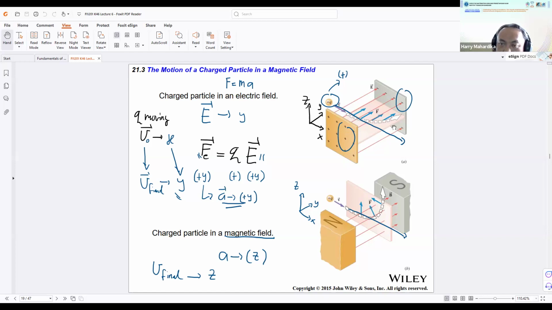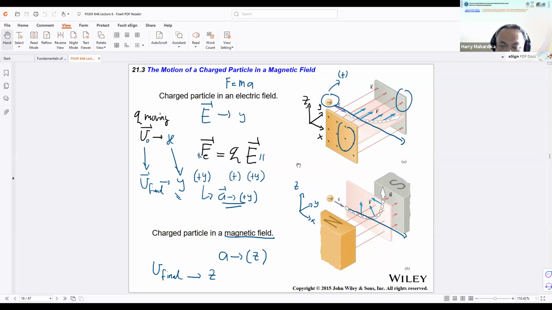whenever this particle moves inside this parallel plate, the motion will be in the same direction as E, because in the previous lecture, we saw that in the electrostatic case, the force acting on the charged particle is equal to Q times E. This directly describes that the motion or the acceleration happening due to electrostatic force is in the direction of the electric field.